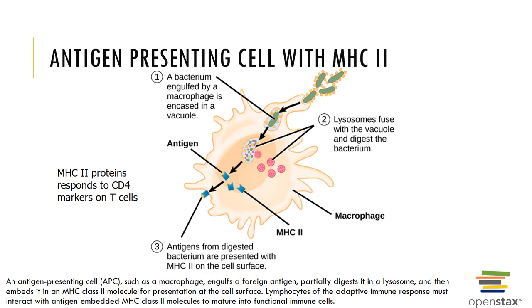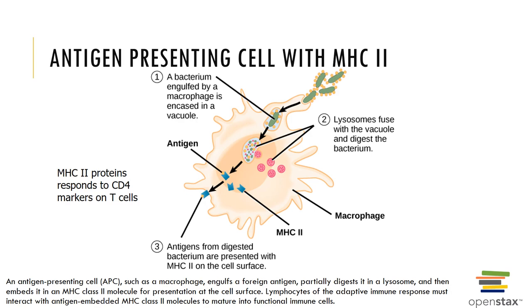protein. The antigen class II MHC complex can only be recognized by the cell that possesses a special CD4 marker. The only cells that possess the CD4 marker are the CD4 T cells that differentiate to form T helper cells and memory T cells.